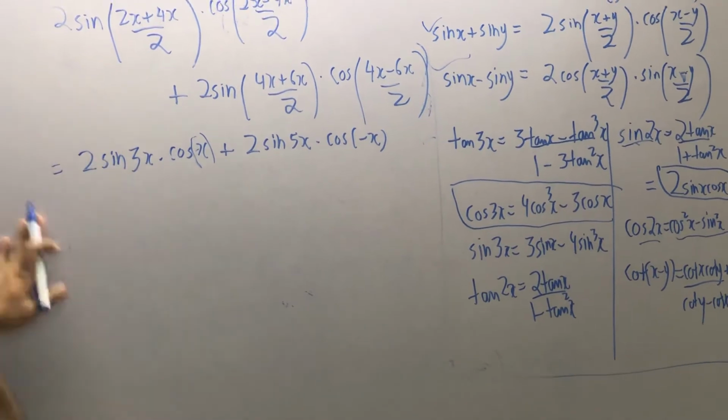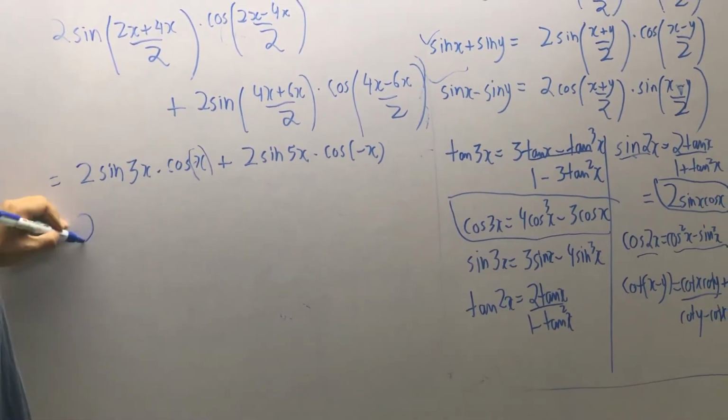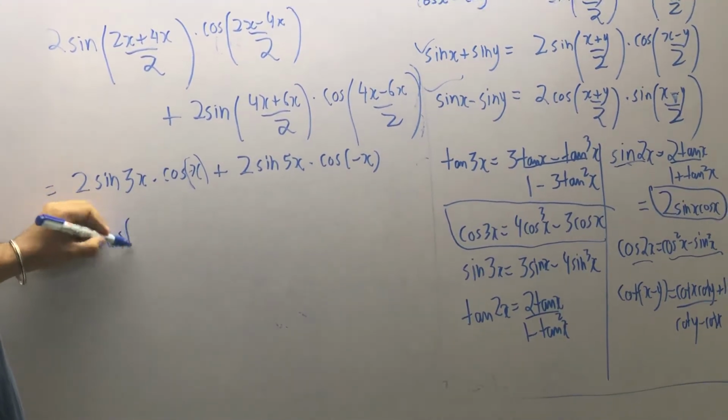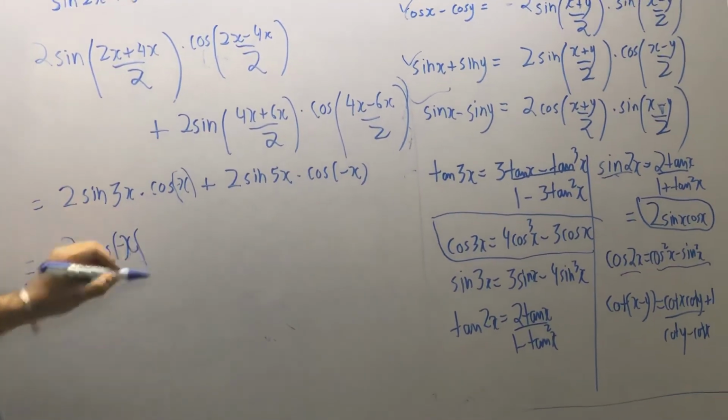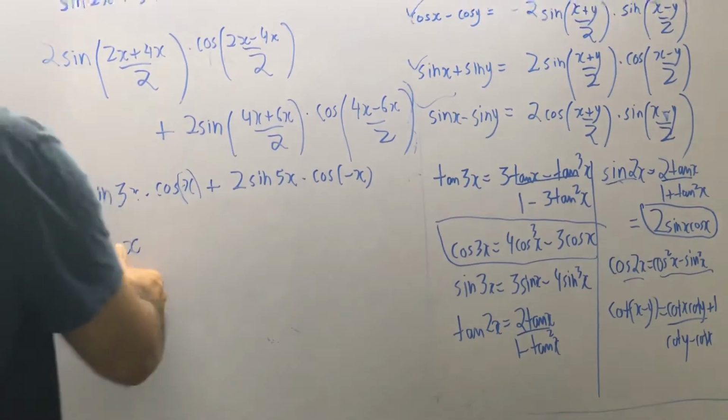I have written the minus just to show it. Now we can take 2 cos x common, instead of cos minus x, because cos of minus x is cos x.